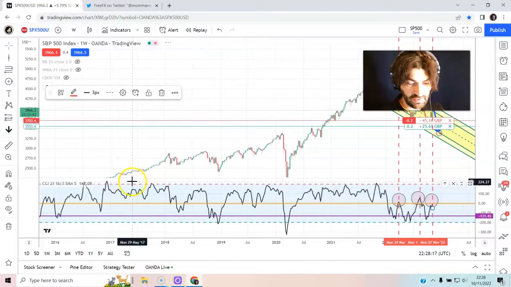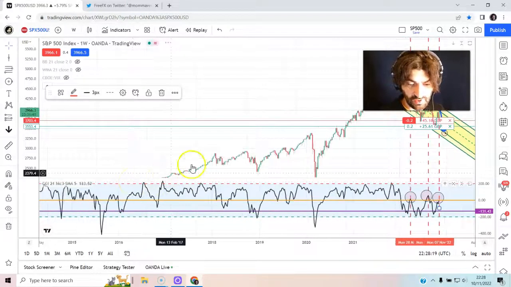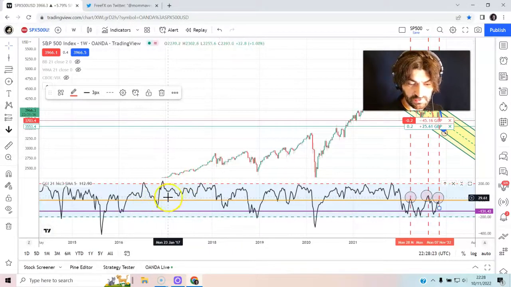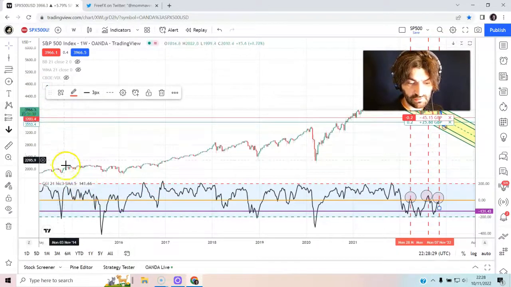And before that, again, if we look at pure uptrending, I would say that this is probably a good example. We've got lots of touches there as well, and price is doing this essentially.